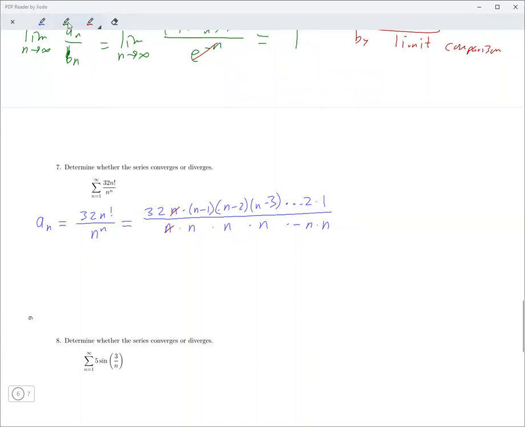So since I know this is less than that, I'm going to throw them all out, and I'm going to say, okay, 32 times 2 times 1 over n times n. So I'm going to throw out basically all of that right there.